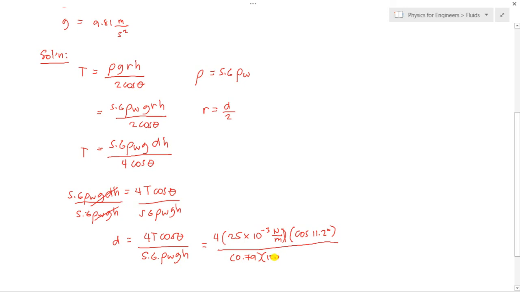Density of water is 1000 kilograms per cubic meter. Gravity is 9.81 meters per second squared.